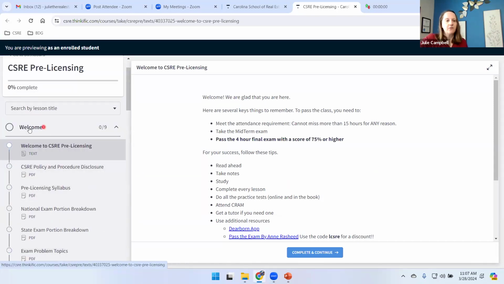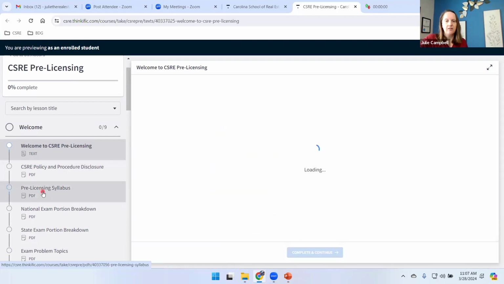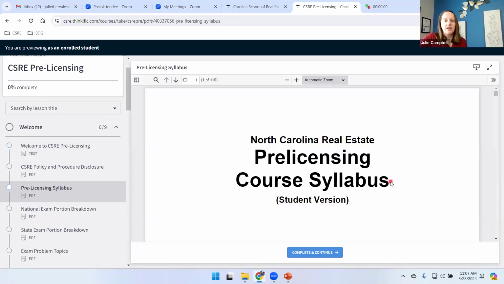First off, in the welcome section, we have said on several occasions that the syllabus tells us what's going to be on your state exam. The Real Estate Commission hands us the syllabus, and they say, if your students know what's in the syllabus, then you are preparing them for the state exam.